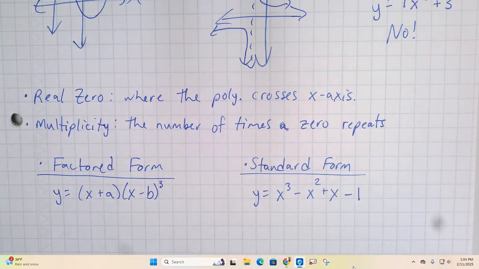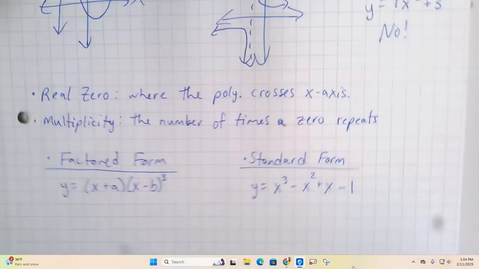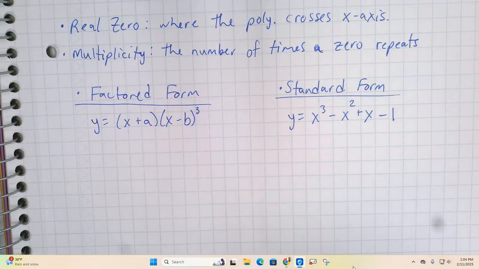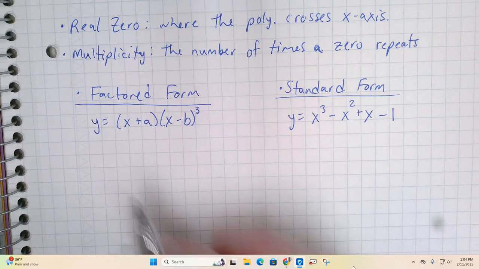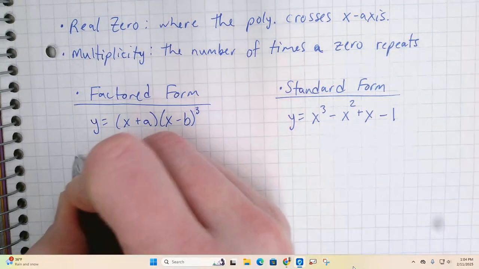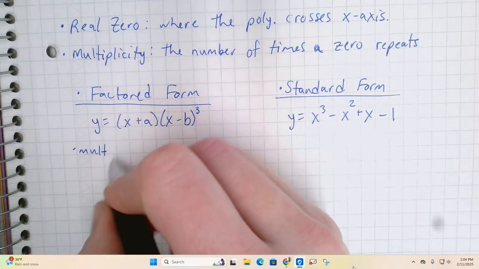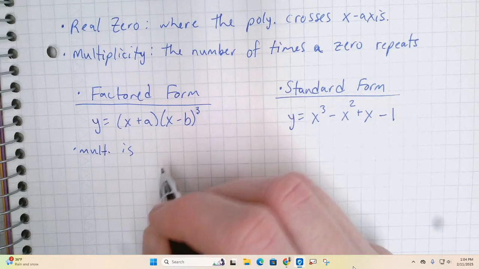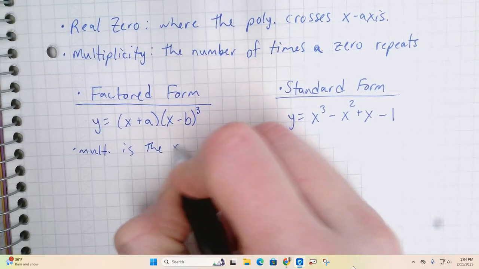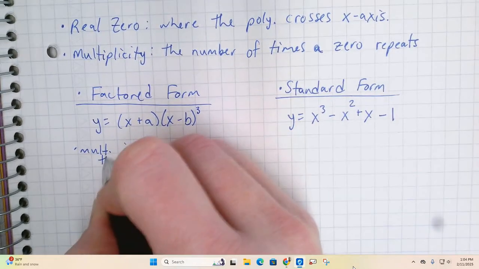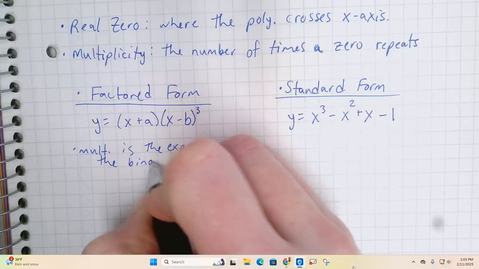So if you're looking at factored form, I would suggest doing the multiplicity, which is the number of times a zero is repeated or a solution is repeated, which there's going to be more on that here in just a second. That multiplicity is the exponent on the binomial factor.